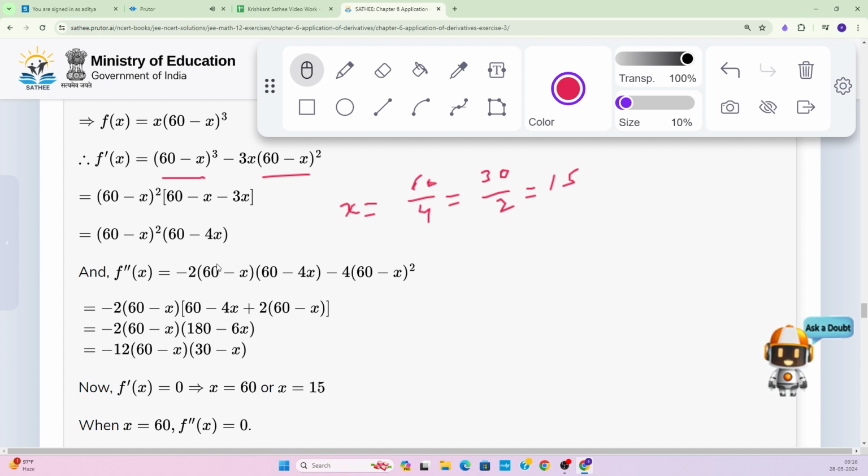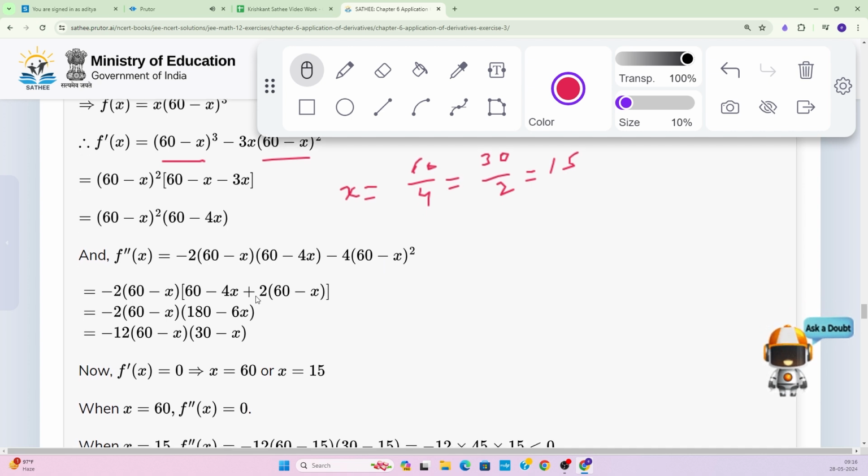So you will have (60 − x) plus 60 minus 2 times (60 − x). As you can see, 60 plus 120 means 180, minus 4 minus 2x means minus 6x. So taking 6 common, you will have 30 − x, and so −12, it will be (60 − x).